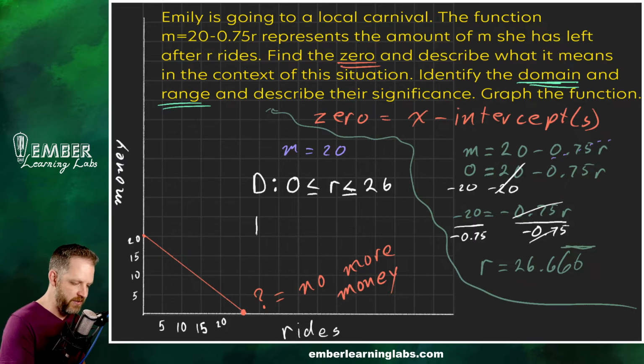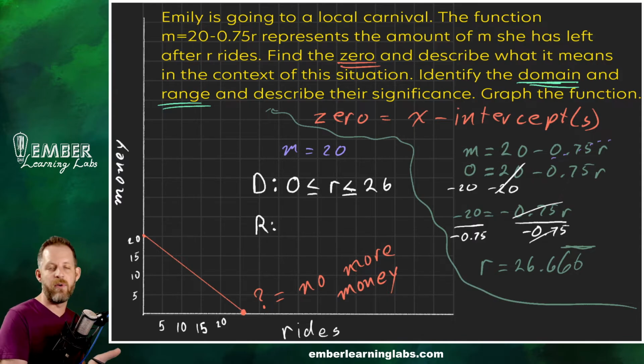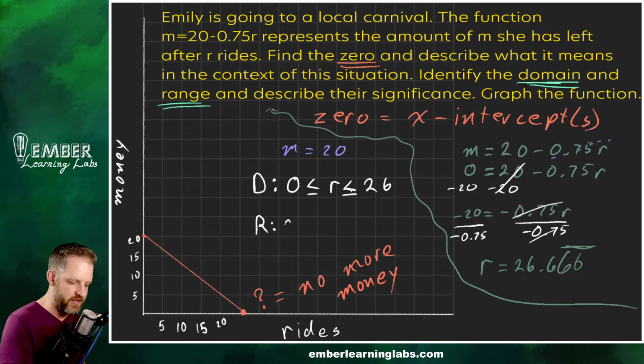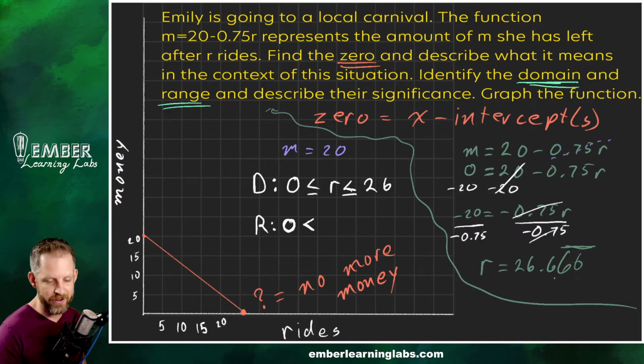The range of values, and what does the domain mean? I'd basically talk through that. The domain is the number of possible rides she has. The range is down to $0. It's actually not quite $0, because she's going to have a little tiny bit of change left, a third of $1.